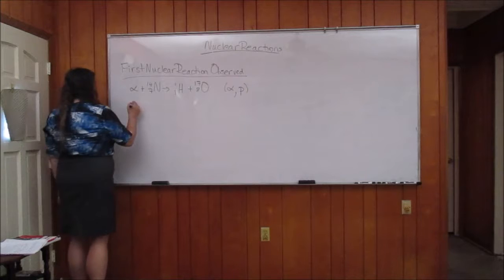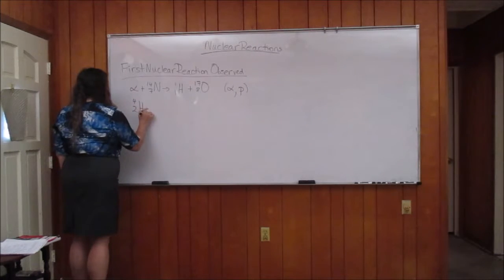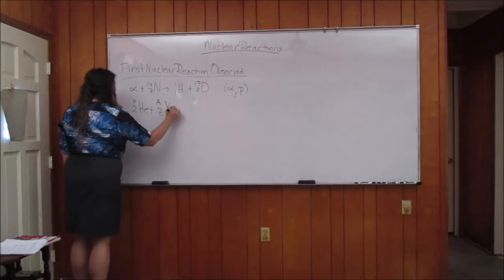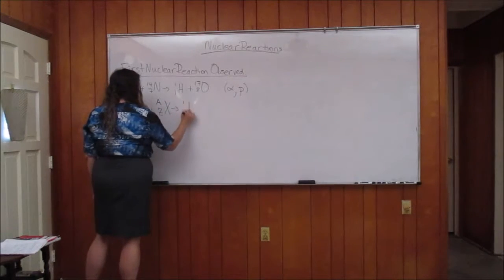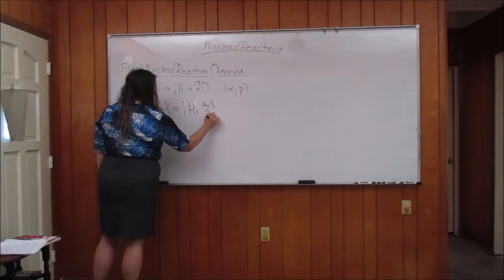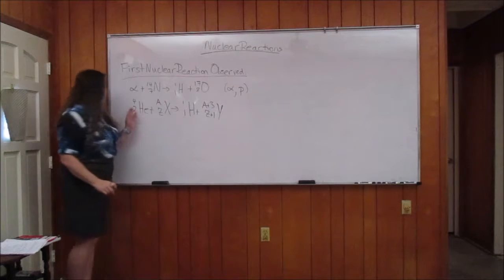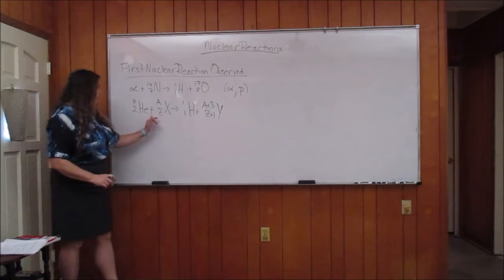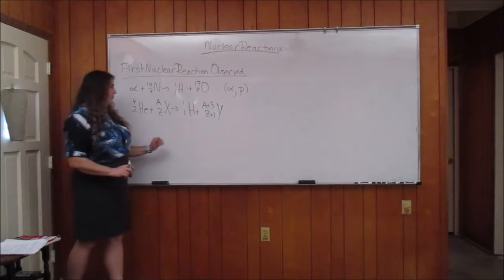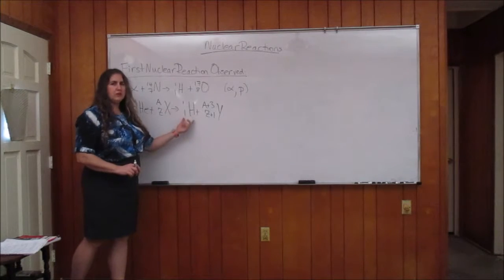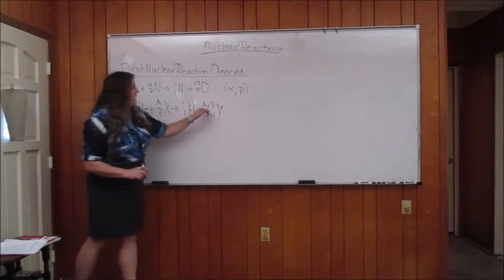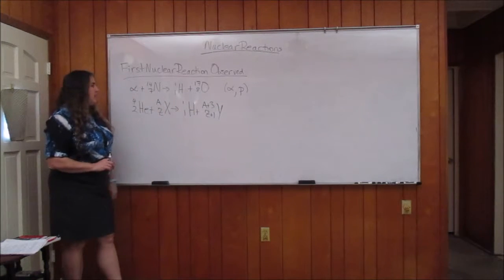So generally speaking, this is written as: we have our helium nucleus, helium-4, that bombards a target that has mass number A, atomic number Z, and a proton, or hydrogen nucleus, is produced, and a daughter nucleus that has mass number A plus 3 and atomic number Z plus 1.